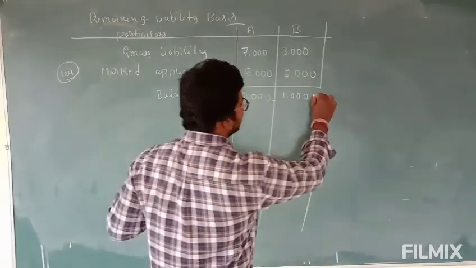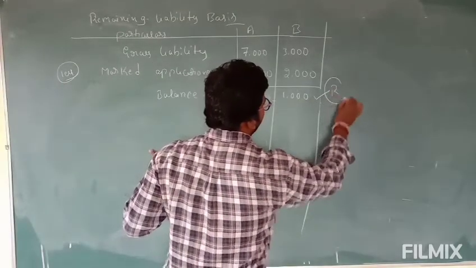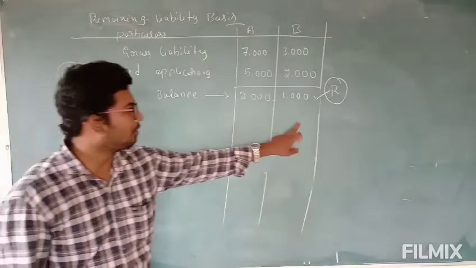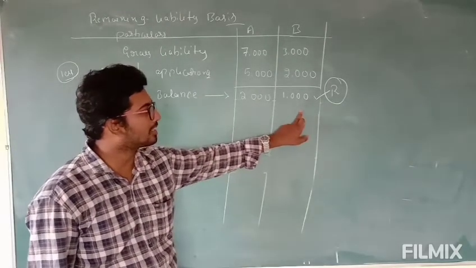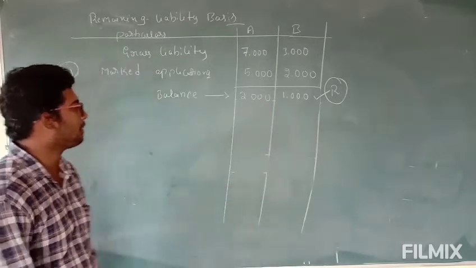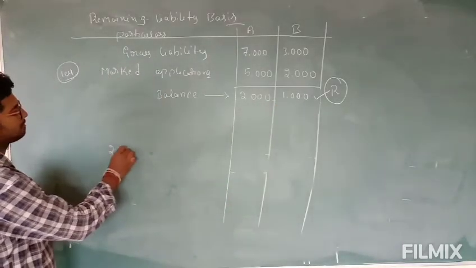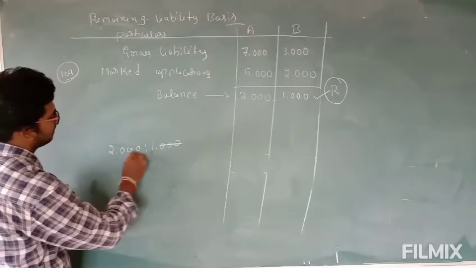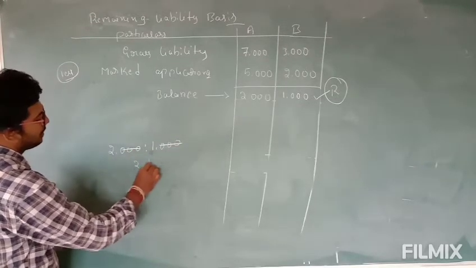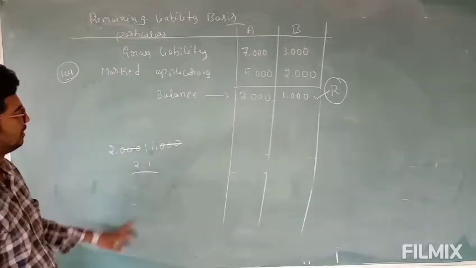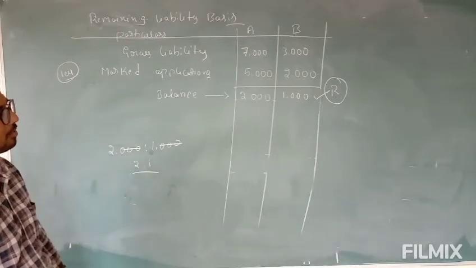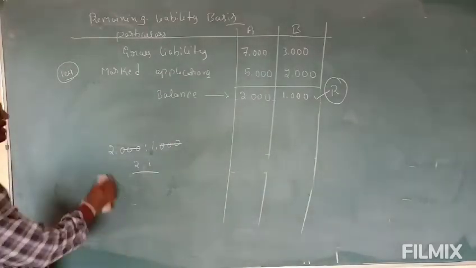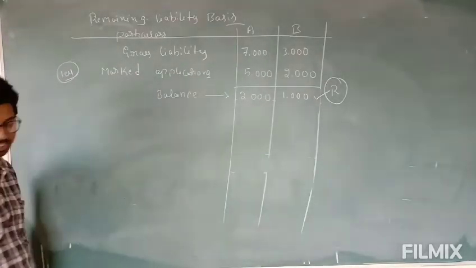So in the gross liability, after deducting the marked applications, the balance you get is what we call remaining liability. To distribute the unmarked applications, we should take this ratio now, that is 2,000 is to 1,000, 2 is to 1. So this ratio should be taken to distribute the unmarked applications. Unmarked applications remain the same as we calculated, that is 1,000 only.